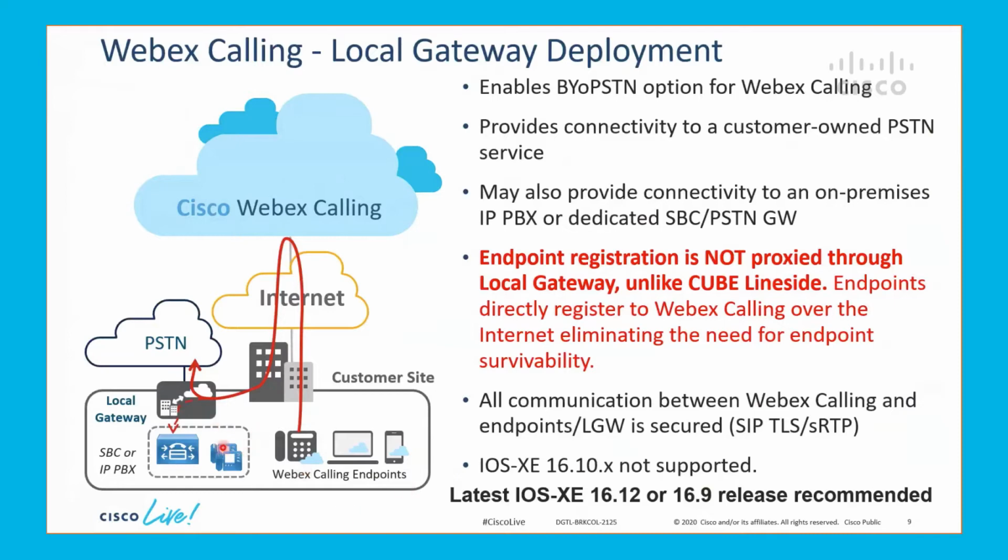And if the customer also has an existing IPPBX deployment, such as Cisco UC Manager, for Cisco UC Manager endpoints to communicate with WebEx calling endpoints, that communication has to go through the local gateway. So the local gateway registers to the WebEx calling platform as well, just like the WebEx calling endpoints. And since all communication is going over the top, it is secured using TLS for SIP transport and SRTP for media.